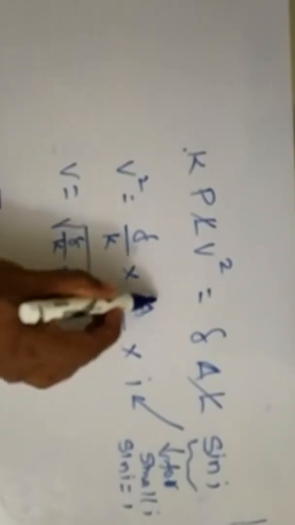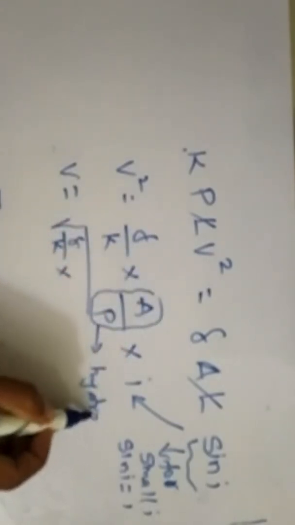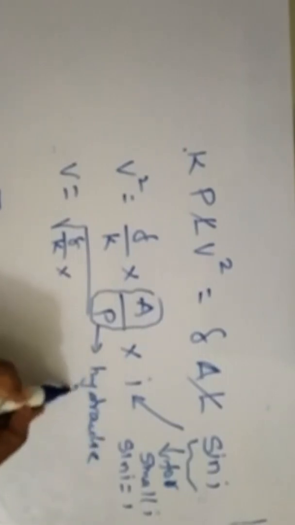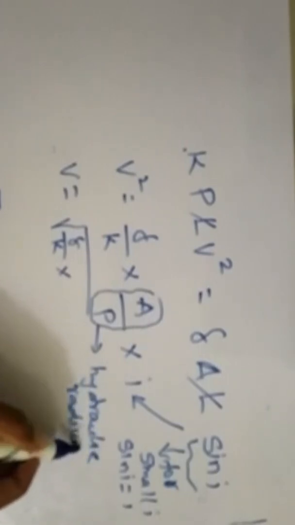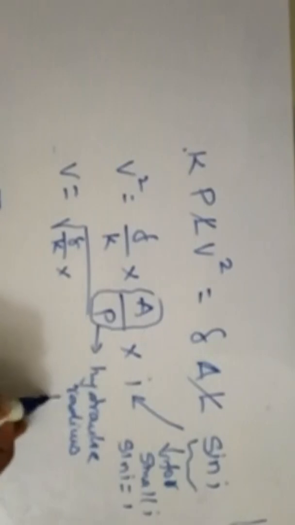This term, a very, very important term, area divided by perimeter, is called hydraulic radius. I can denote this as R or M. I will use M, but in some books it is written as R also.